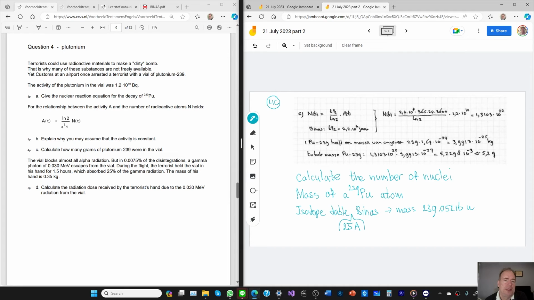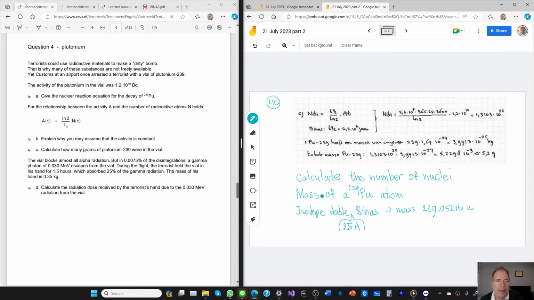And we know T1/2 if we go to BINAS, as I just mentioned earlier. So from this, we can figure out N, and N is the number of nuclei. So that's what we do first.